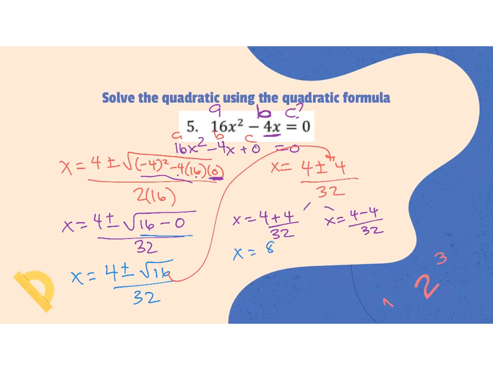X equaling 8 over 32, that's x equaling 1/4. The right one, this is interesting. You get x equals 0 over 32. Well, 0 divided by 32 is still 0. So there you have it. There's your two solutions. That's a 0, sorry, not a 6. X equals a quarter and x equals 0.